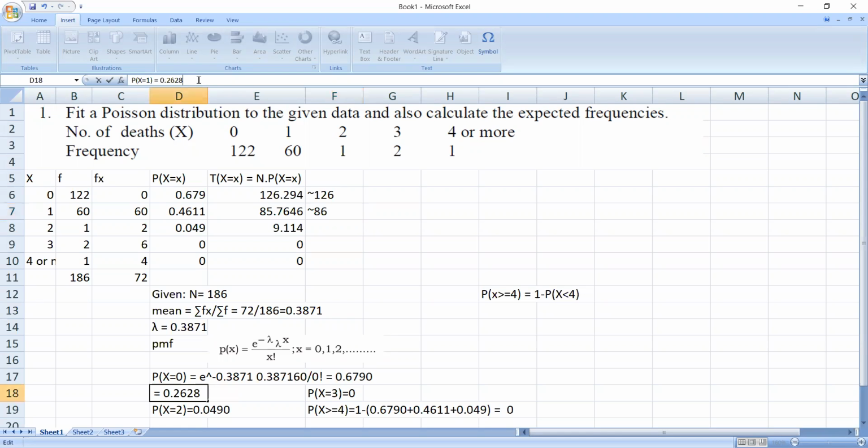Third one 0.2035. Then 0.0509. P of x equals 3 is 0.0509. Next one, 0.0066. So this changes.